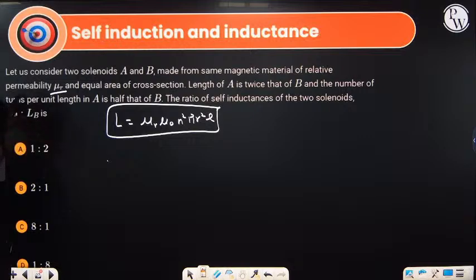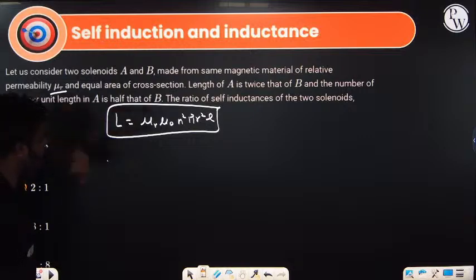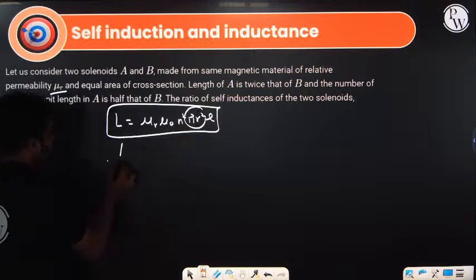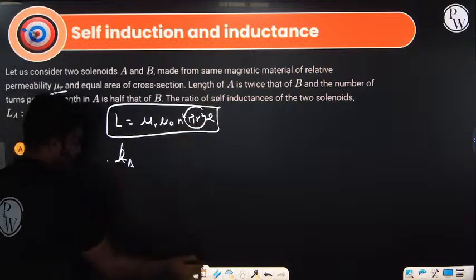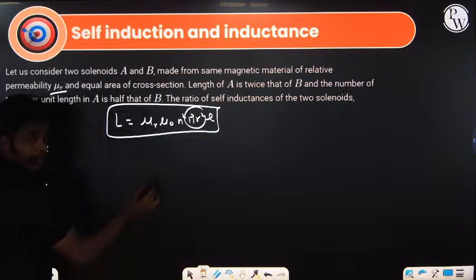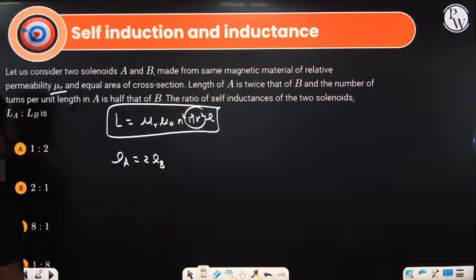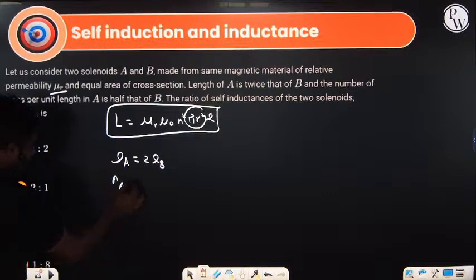How are they differing? The length LA is twice LB, and the number of turns per unit length in A is half that of B, that is NA is NB by 2.